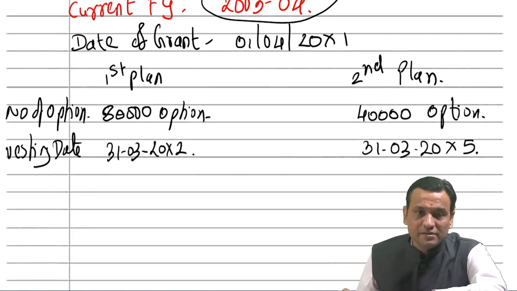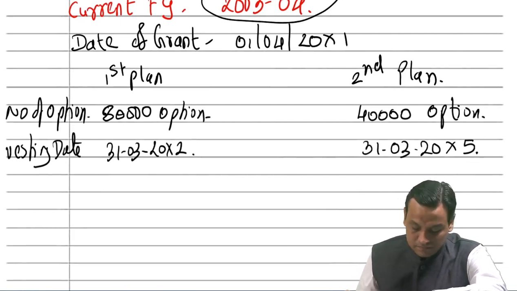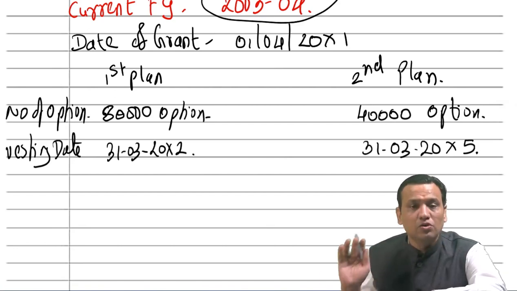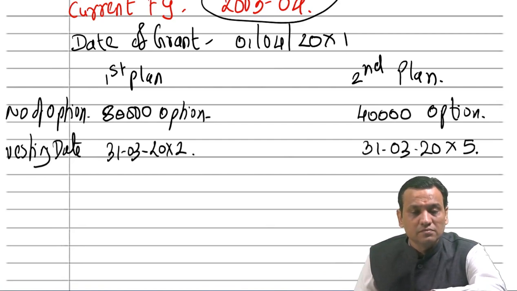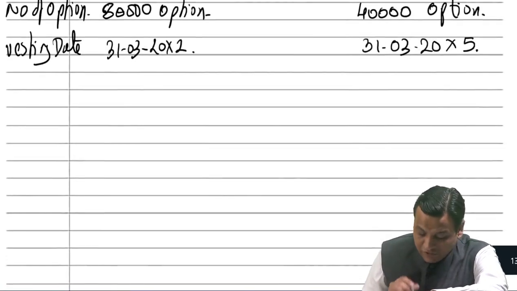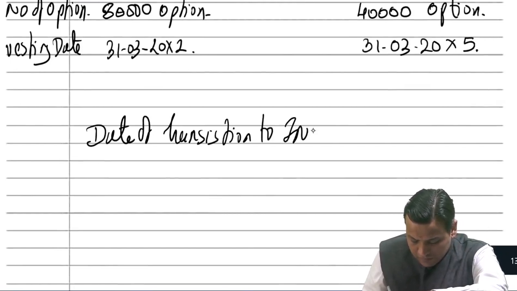Now what has happened is the entity has missed out recognizing, on 1st April 20x1, that we have a share-based payment plan. Of course, the date of transition to Ind AS is what date?